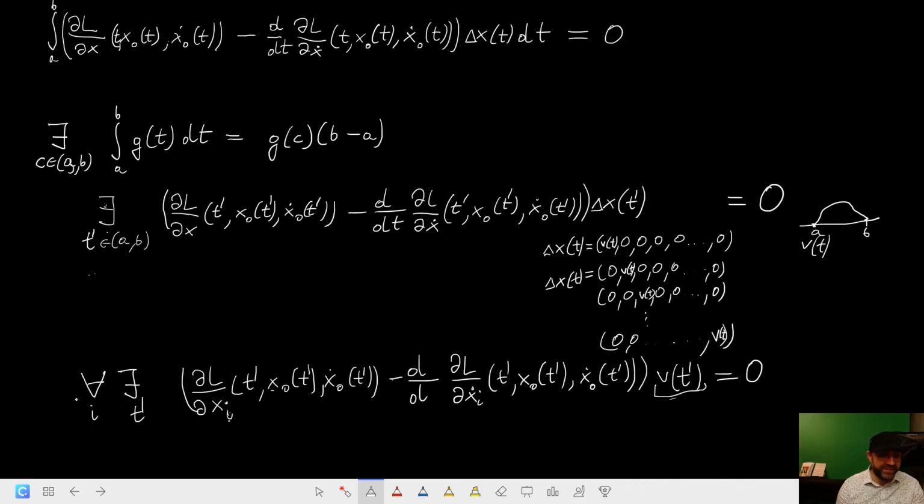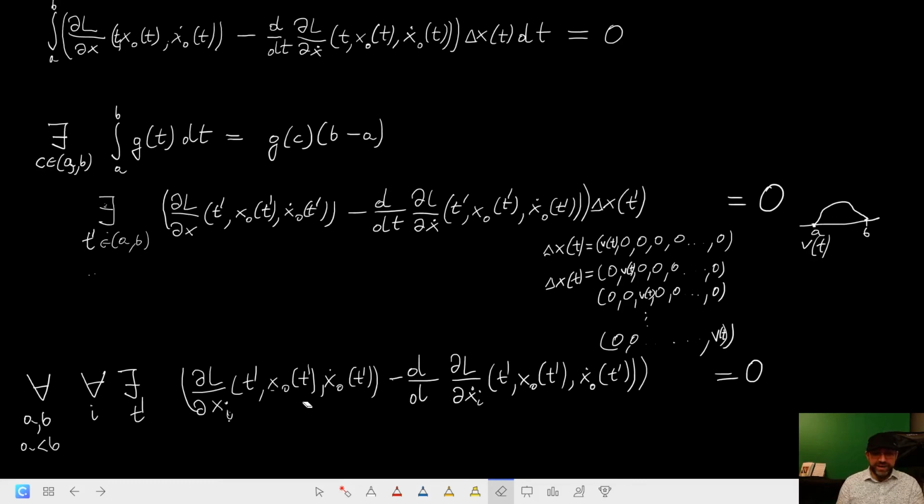But we proved that for any a and b, because a and b might be arbitrarily chosen, for any coordinate there exists such a time t prime that this expression is equal to 0, which means, well, we can scrap that because we know it's positive. This is equal to 0.